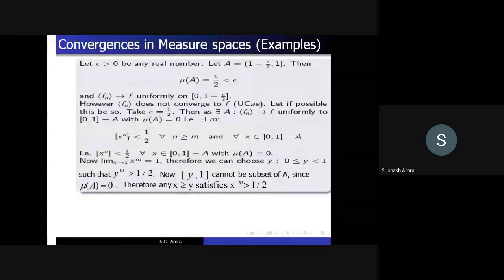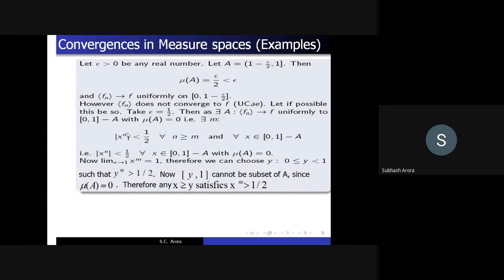It is the length of the interval, epsilon by 2, and that is less than epsilon. And fn converges to f uniformly on [0, 1 minus epsilon]. That means we are able to find a subset A for each epsilon greater than 0 such that mu of A is less than epsilon, while fn does not converge to f on the whole of it.